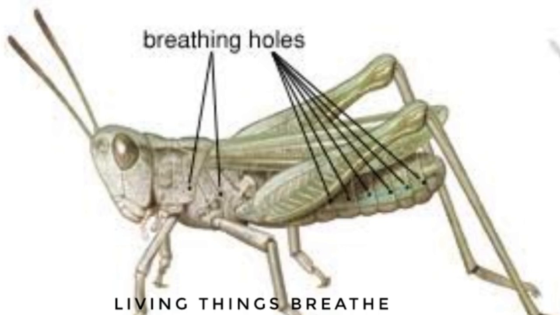Plants breathe from tiny holes in their leaves. The holes are so small that you cannot see them with your eyes. Your doll and the other toys are non-living. They do not breathe. Many animals breathe through the nose, just like we do.